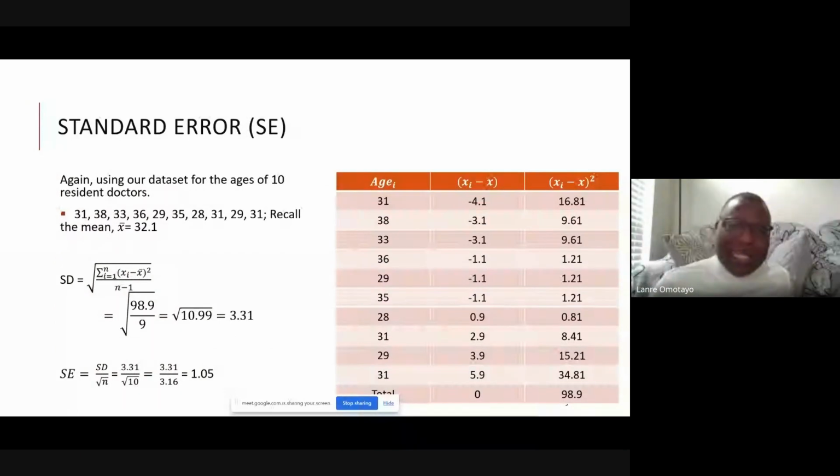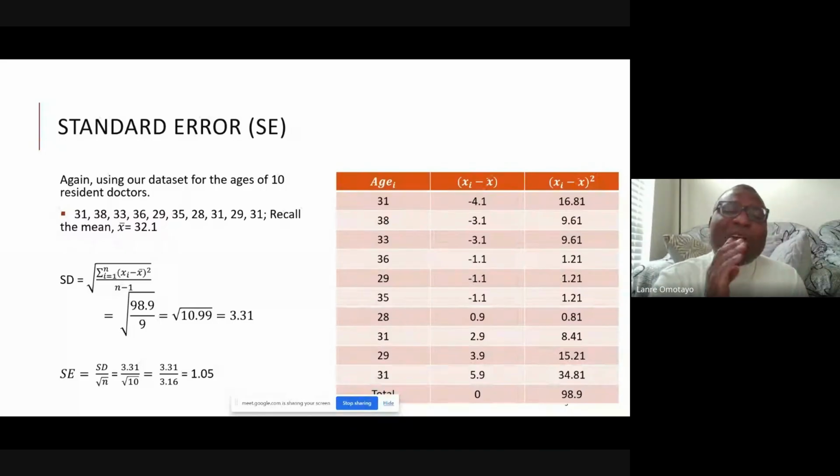So if you look at the data set that we have here, looking at the ages of 10 resident doctors, remember that the mean is what? The addition of all the ages divided by the sample size, which is 10 here. So when you do that, the standard deviation is what? To get the standard deviation, you calculate the amount of deviation of each of the ages from the mean, meaning that you subtract each of the ages from the mean.